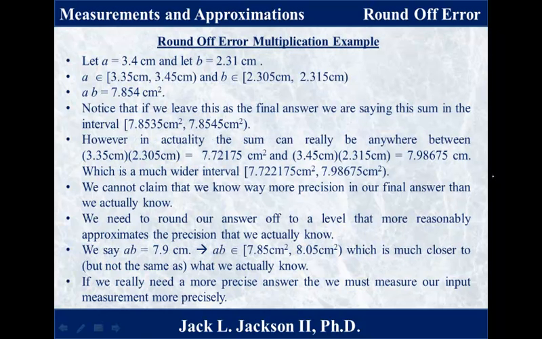We'll do another multiplication example. Actually, we're going to take the same two numbers, and if we multiply these, 3.4 times 2.31, we get 7.854, and of course centimeters times centimeters is centimeters to the second power, or square centimeters.